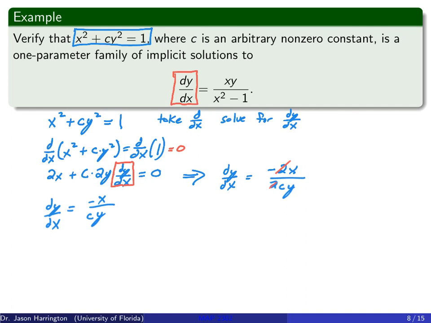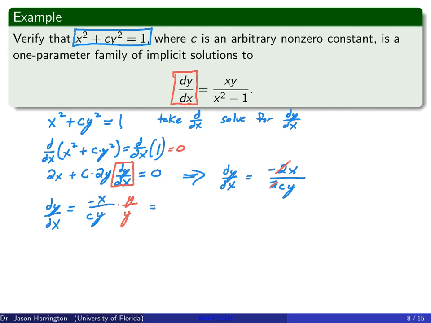Now, that does not look like our ODE, but you'll notice that in the numerator, we have x. So maybe if I multiply through by y, I can make it look a little bit better. Also, I want to get rid of this c, right? I don't want any c's in my solutions. There's no c's on the right-hand side. So if I multiply the numerator by y, I also must multiply the denominator by y as well.